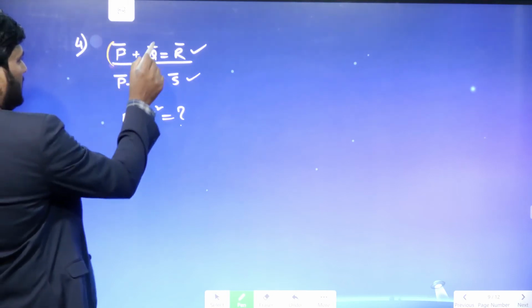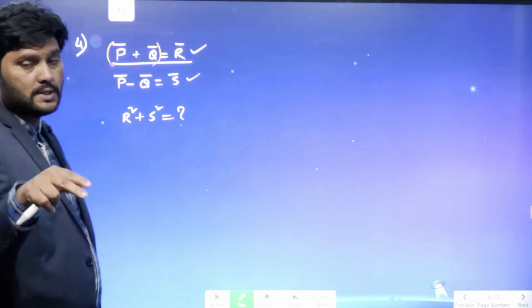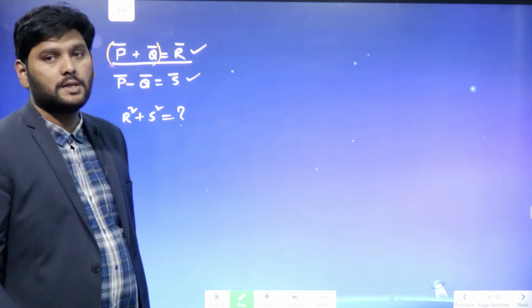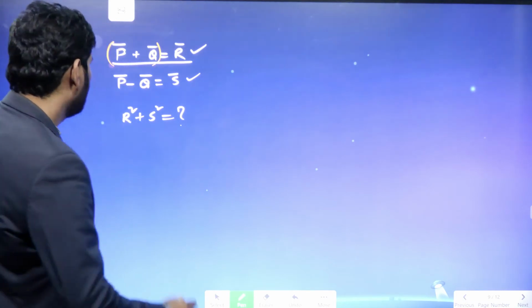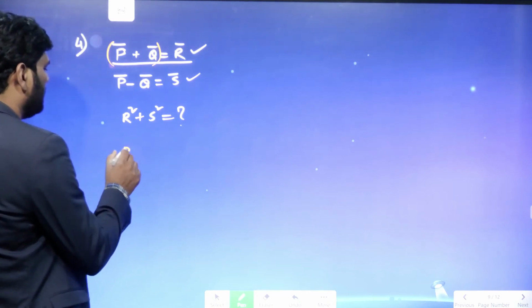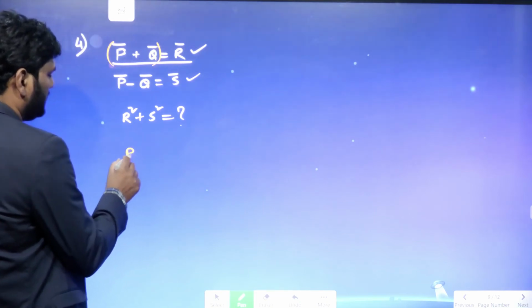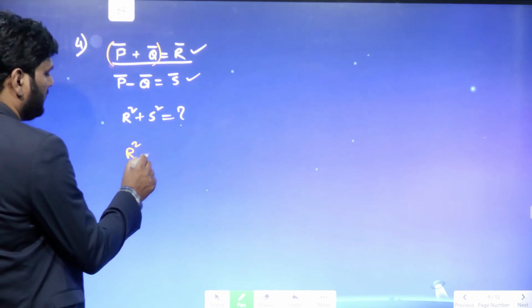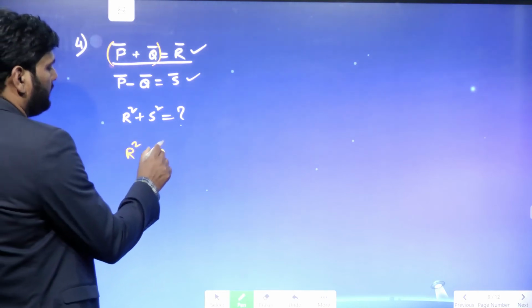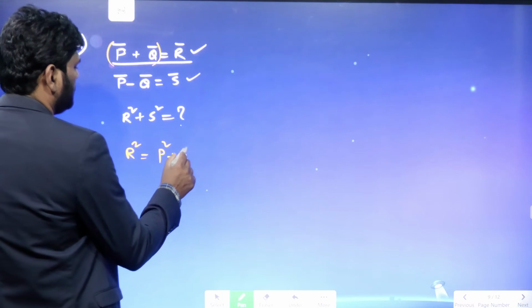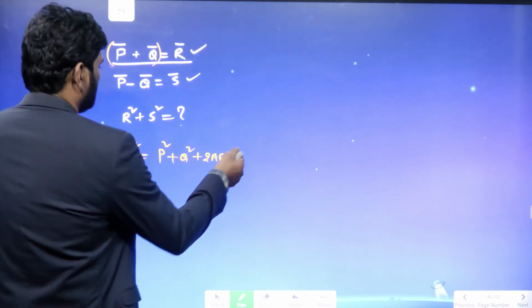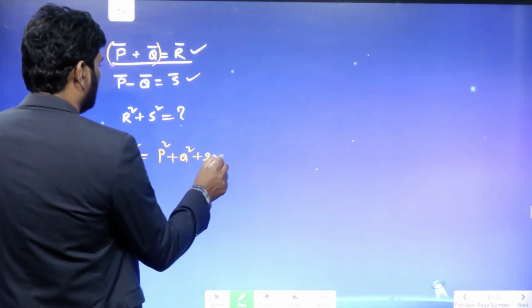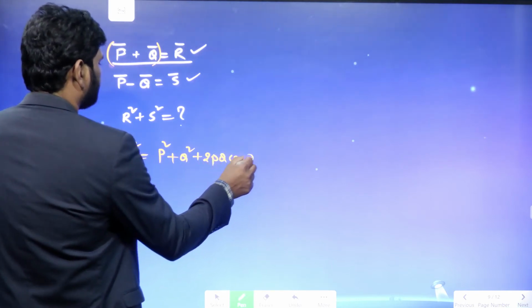It is nothing but the addition of two vectors. For addition of two vectors, what formula can we take here? Parallelogram law directly. So now I am taking the parallelogram law. That is, R square is equal to P square plus Q square plus 2PQ cos theta.